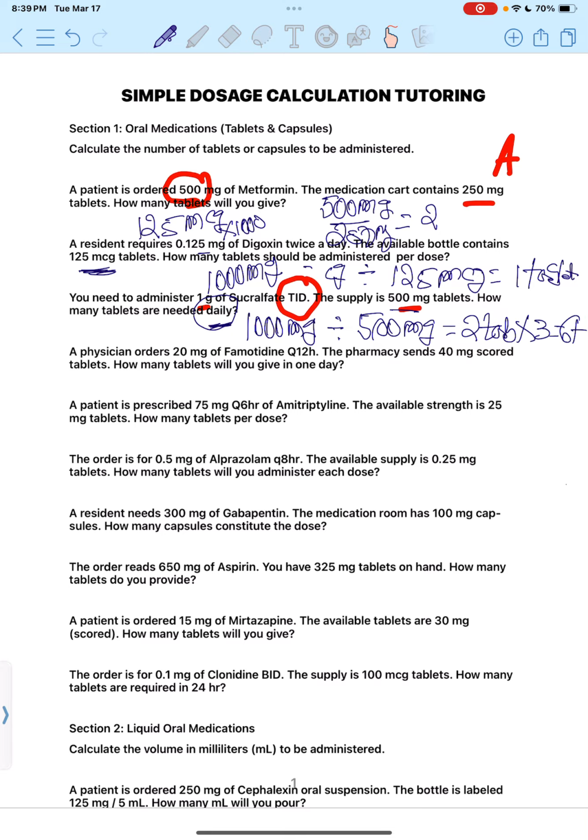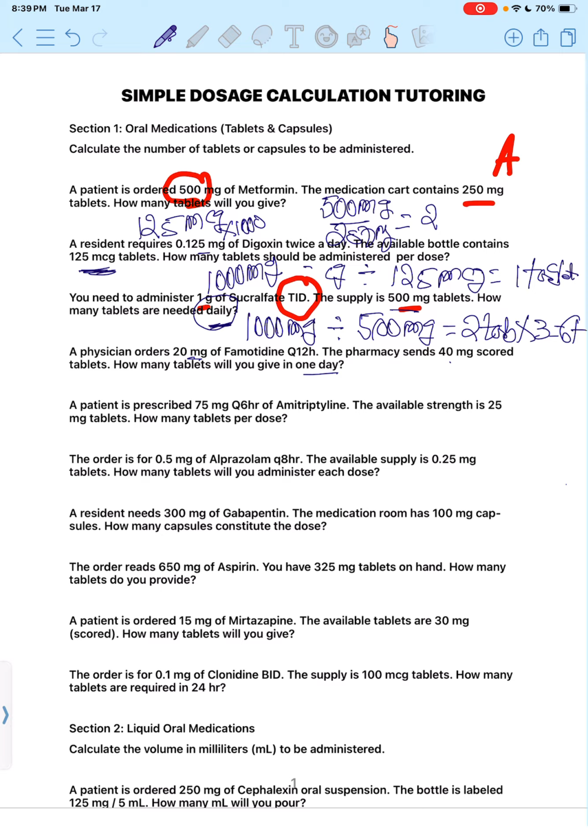Let's move on here. We are looking at 1 day. Because we are looking at a daily value, this time I'm not going to multiply at the end. I just make sure I got milligram available. A physician orders 20 milligram of famotidine. The pharmacy sends 40 milligram. So the doctor would want to know how many tablets you will give. 20 milligram, we are giving that Q12 hours.